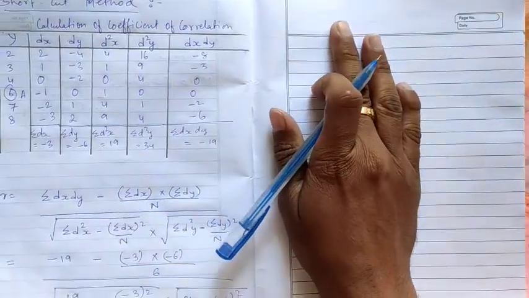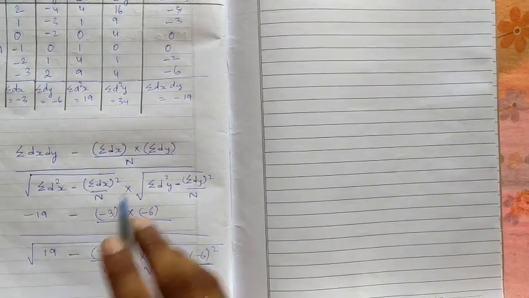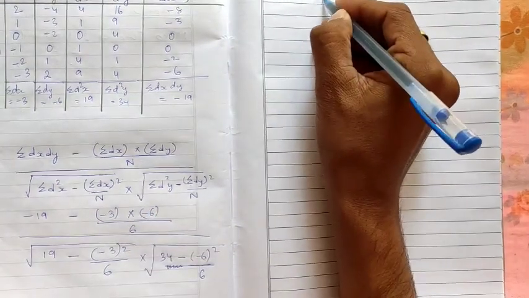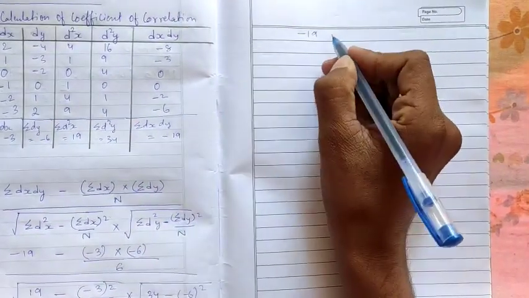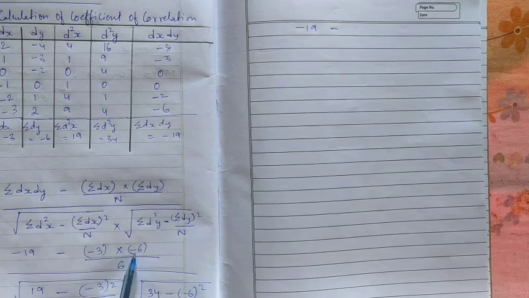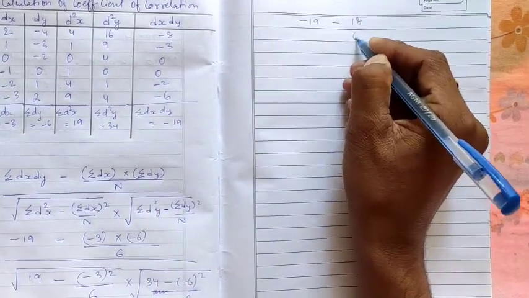First I will solve this part. Minus 19 minus, so 3 6s are 18, minus minus plus, so 18 by 6. Clear?